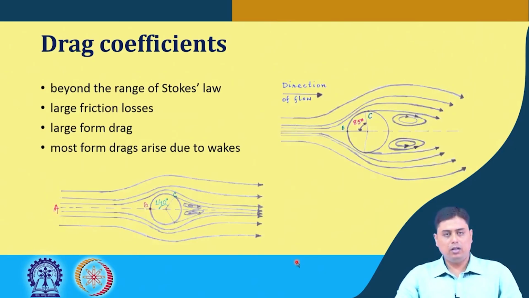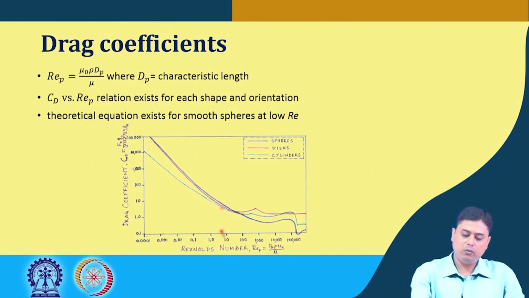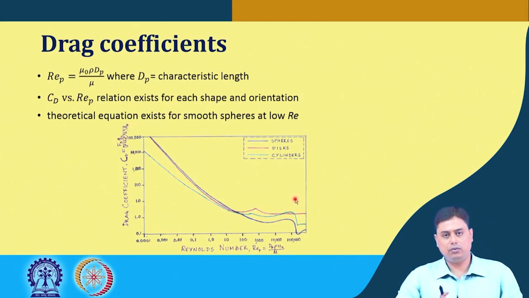Now beyond the range of Stokes' law, what happens? Particularly when it is well above the range of 10, you can see how complicated this relation is, even for well defined shapes of particles, that is sphere, disc, or cylinders. But remember one thing, this graph is shown for a particular orientation of the spheres, discs and cylinders, where the axes are perpendicular to the direction of the flow.